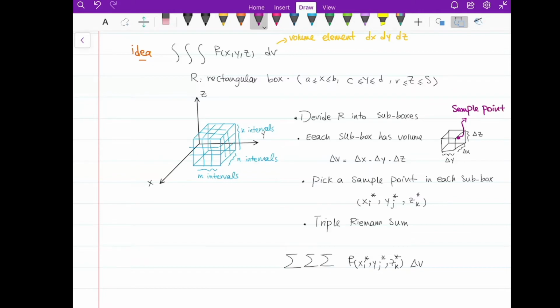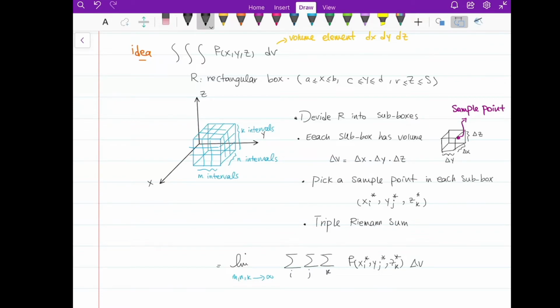I chose a sample point in each box, and then I calculate the value of the function at the sample point times delta V, which is the volume of the small box. I'm going to sum over all of the numbers that I get after I do this. Then I'm going to take the limit as the intervals get very, very small, so m, n, and k go to infinity to make extremely small intervals.